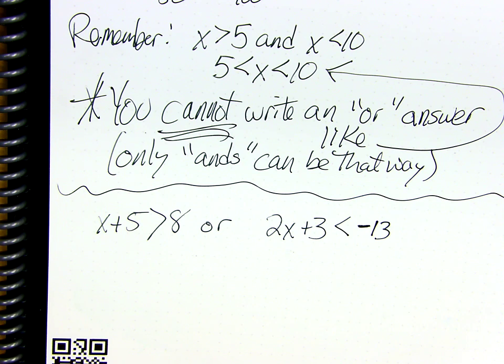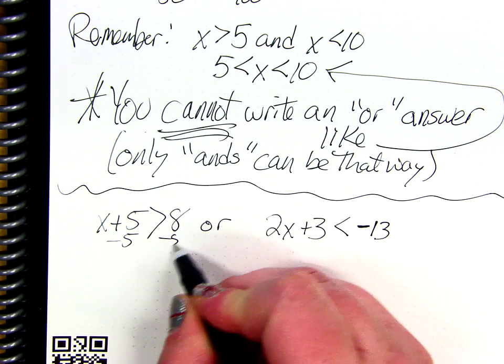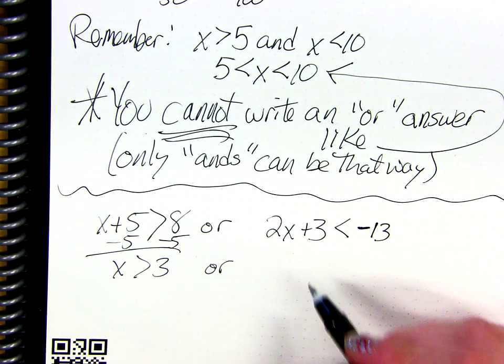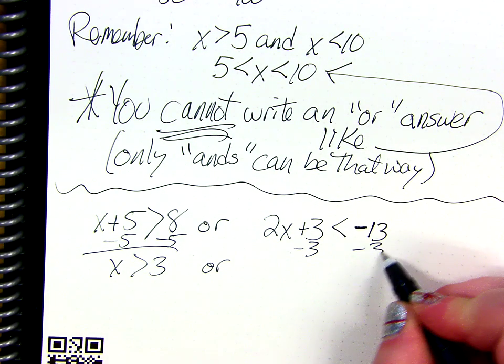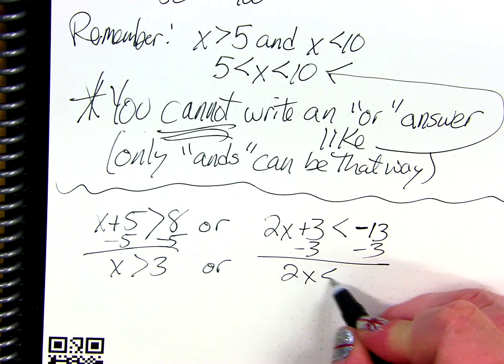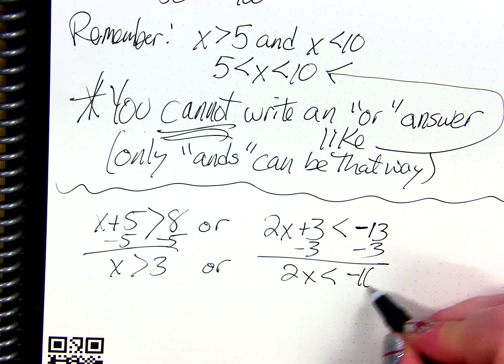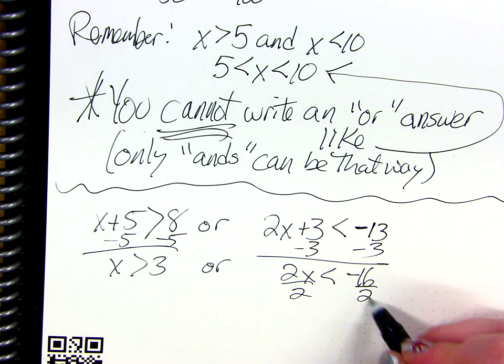Super easy, because you're just going to solve each one separately. So in this one, I'm going to minus 5. So I got x is greater than 3. Or, and then over here, what do I do? Subtract 3. Minus 3. So I get 2x is less than negative 16. And then I divide by 2.